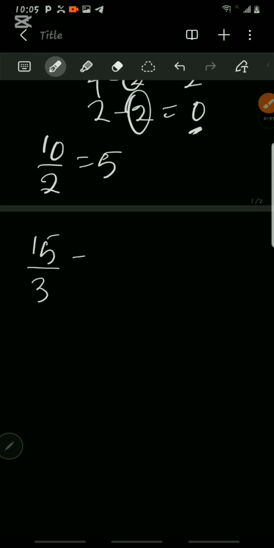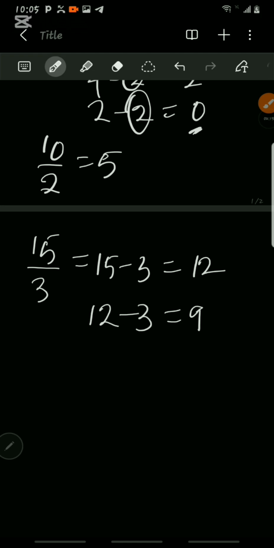Let's assume I give you something different. Let's assume I give you 15 divided by 3. The same question applies. It means how many 3's can you keep subtracting from 15 until you get down to 0? Right? So let's start. So we have 15 minus 3. That gives you what? 12. And then 12 minus 3. That gives you what? 9. And then 9 minus 3.